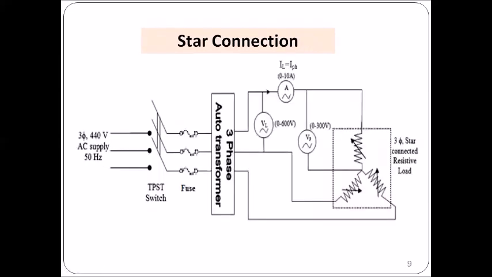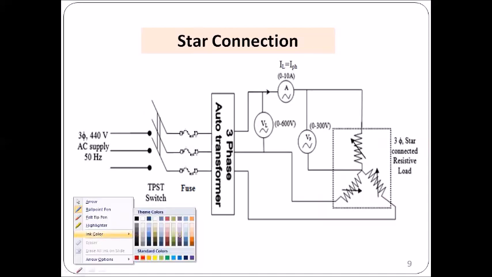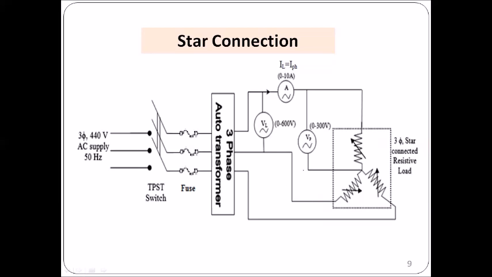As I have already explained the star connection of the load, I shall just mark the terminals so that we can easily identify them. This is RS, RE, this is YS, YE, BS, and BE terminal of the load.